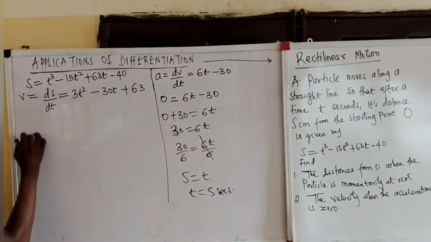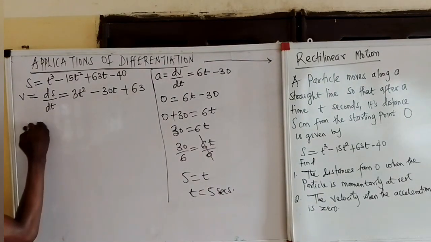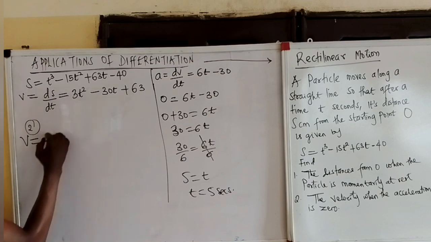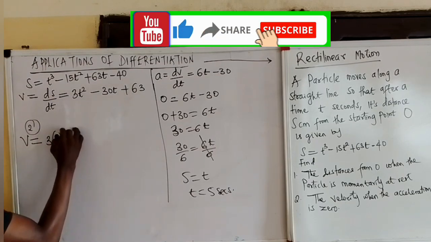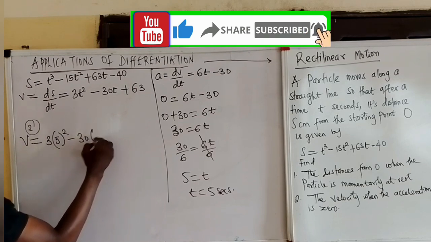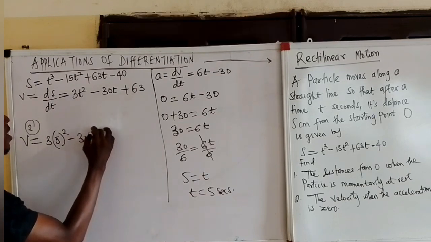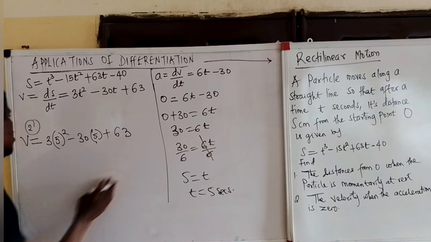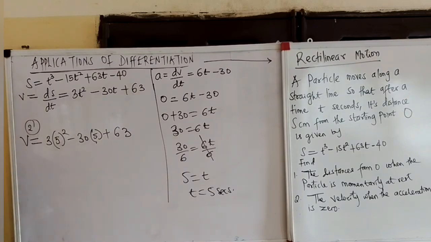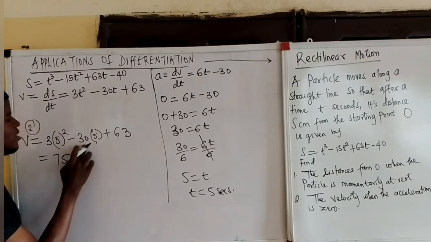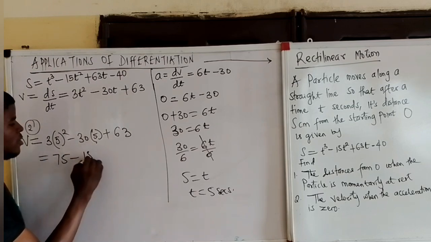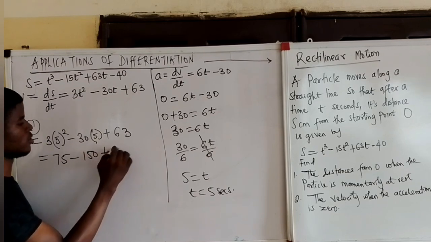So V will be equal to, this is for number 2, 3 times t is 5, that's 5 squared, minus 30, t is 5, times 5, plus 63. 5 squared is 25. 25 times 3 is 75. 30 times 5 is 150, plus 63.